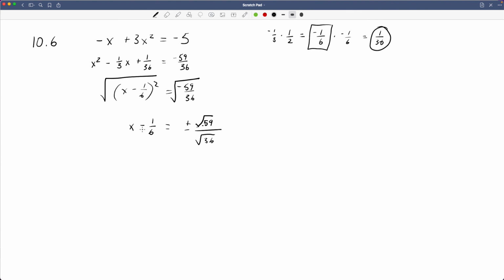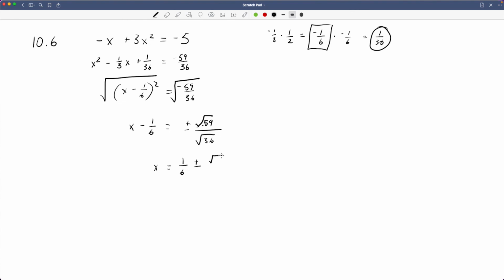Okay, so I'm going to add 1/6 to both sides. X is equal to 1/6 plus or minus, and now we have a -1 in with this 59. 59, I feel like, is a prime number, so we can't factor that. So the only thing we can do is take that -1 out.